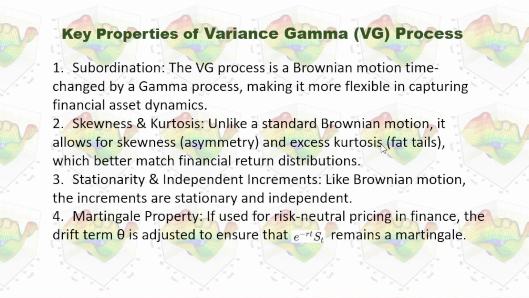Another name for it is fat tails, which better match financial return distributions. Like Brownian motion, the increments are stationary and independent. If used for risk-neutral pricing in finance, the drift term theta is adjusted to ensure that this process remains a martingale.